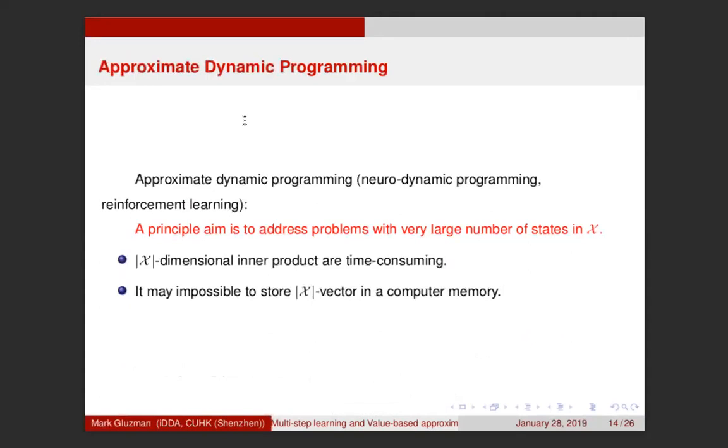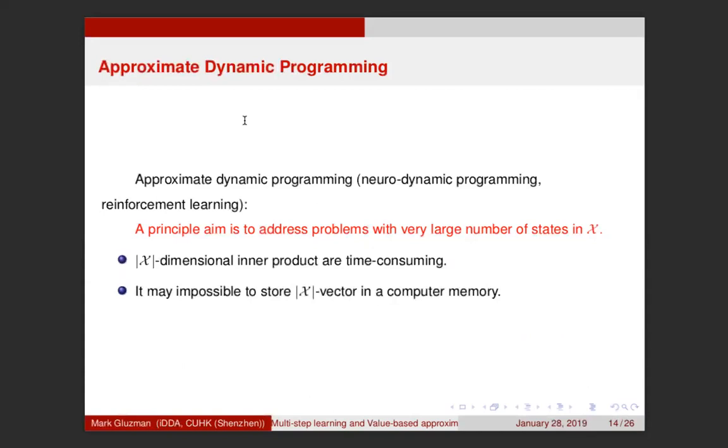First of all, if the number of states in our state space is like a billion or a million states, then even calculating an inner product is time consuming. Moreover, there is a possibility that even storing a vector, a value function for each state, is impossible.